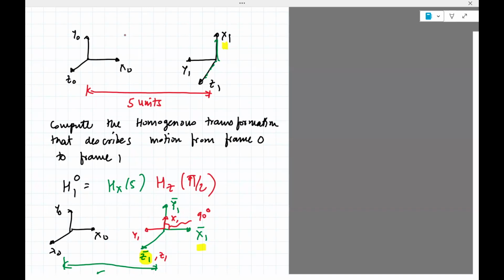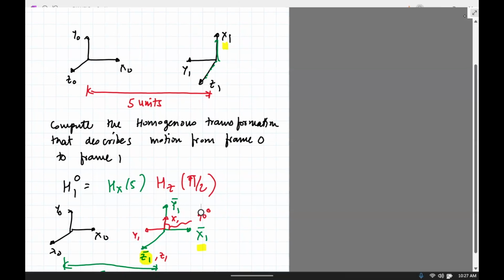So if you want to find h10, it's basically h_x5 times h_z 90 degrees. So we can now expand this down. I would write the formula which I wrote down from the previous page.